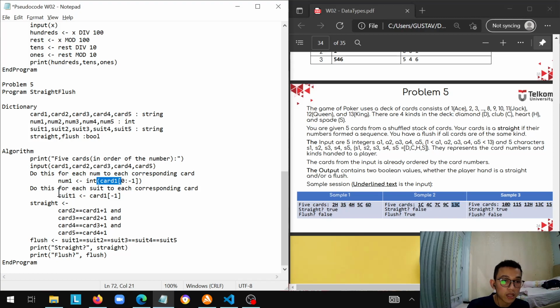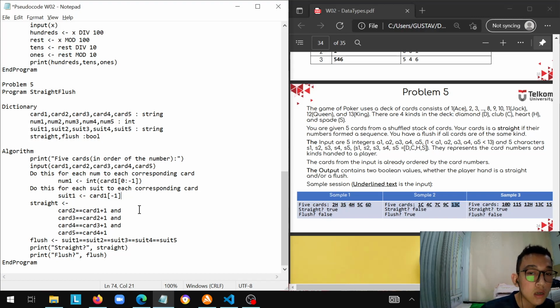It's also similar for the suit of the card, which is going to basically only take the last digit or the last index of the input. The first one takes everything but the last index, and the suit of the card is only the last index, and it's the same for all the cards, like suit 1, card 1, suit 2, card 2, suit 3, card 3, and so on.